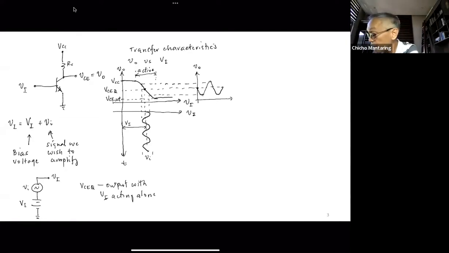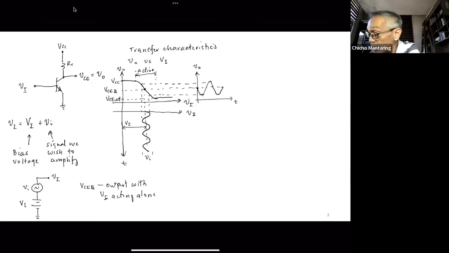So this is now v_O versus t in response to v_I versus t. Again, the operating point will be moving down and up as my input changes, causing my output also to change with time.